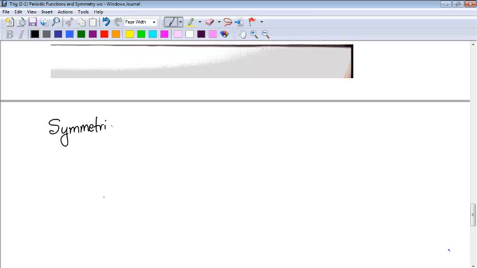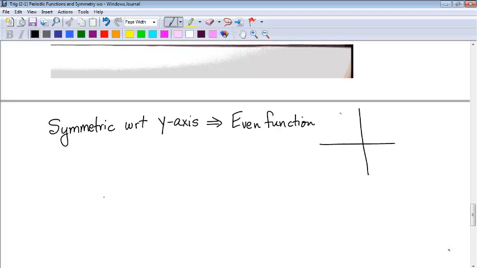So if it's symmetric with respect to the y-axis, okay, the ones that you could fold over the y-axis, like the first parabola, that one has a special name, and that's called an even function. Okay, it's even. And if you look at the first graph that we did, the parabola, if you fold it over the y-axis, you get the same graph.